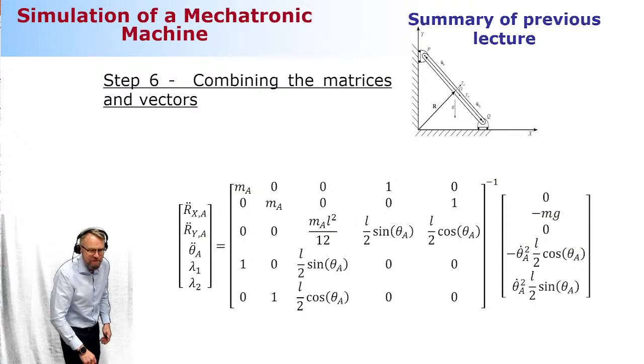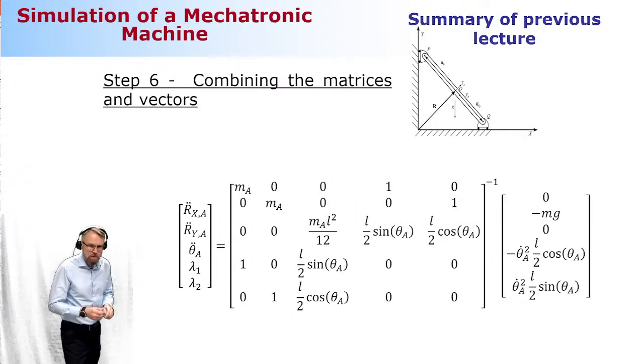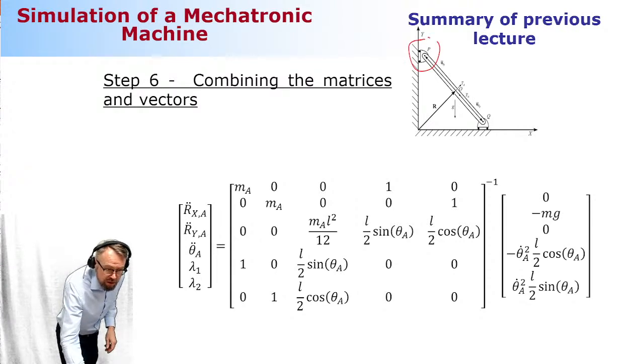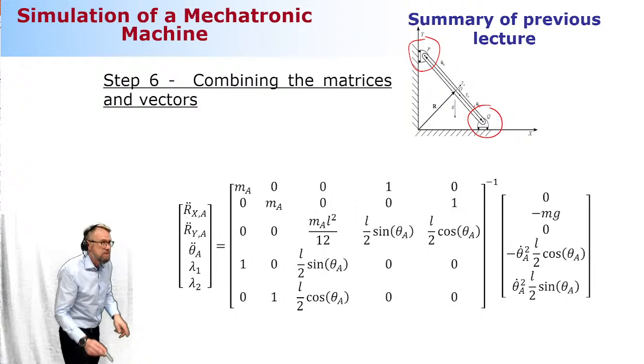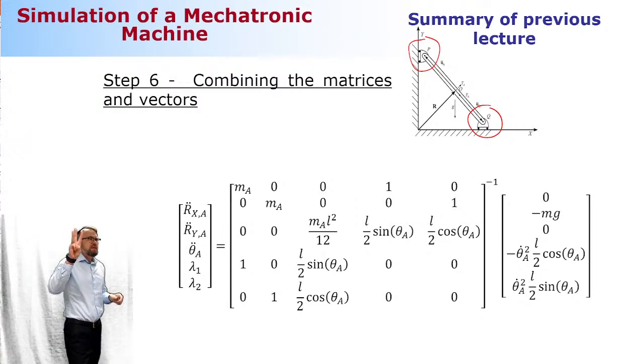Okay, very good. Remember, we practiced this in the mechanism that you can see here. In this mechanism, we have a primitive joint and another primitive joint. Two primitive joints, one moving body. So remember, every body needs three generalized coordinates.